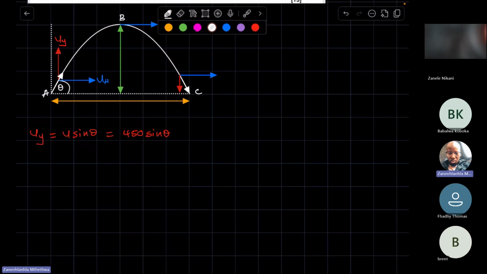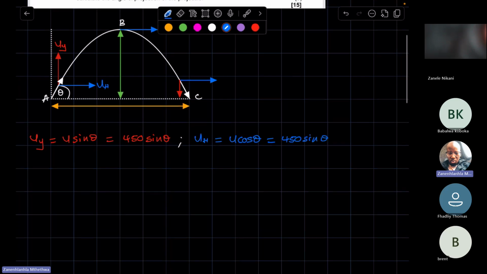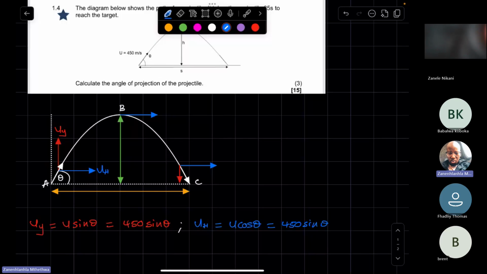And ux, being the horizontal component, is going to be u cos theta. U is 450, so this is 450 cos theta. That is what essentially we've been given.